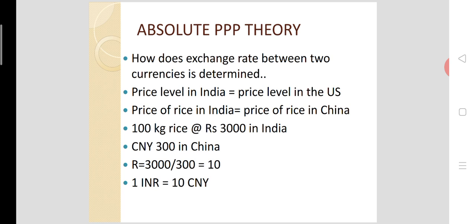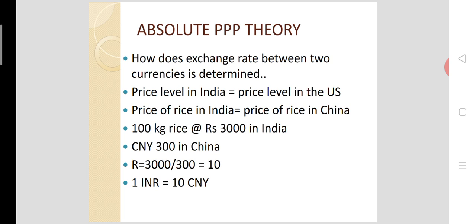Specifically, the price of rice in India is equal to the price of the same quality, same quantity, same brand rice in China. 100 kg rice is priced at 3000 rupees in India. The same quantity, same quality, same brand is priced at 300 Chinese yuan in China.